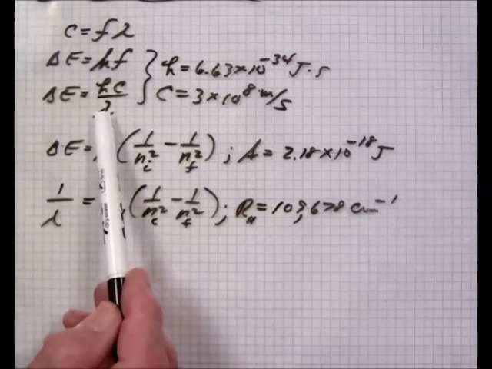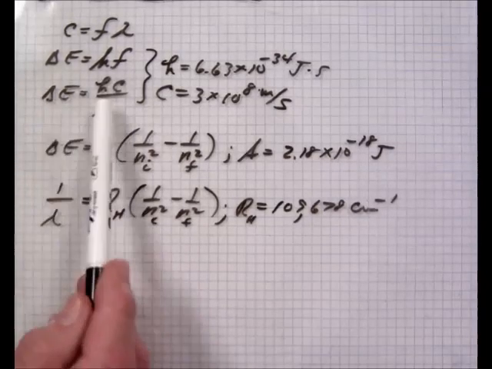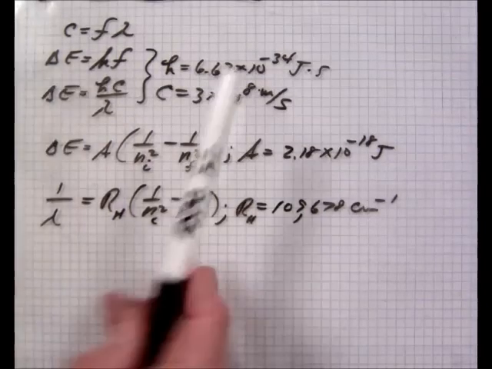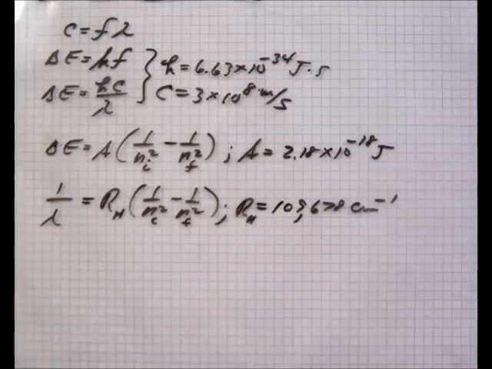Calculate energy given wavelength, or wavelength given energy. These are the EMR equations, and of course these will be published in the reference sheets. You don't have to memorize a bunch of constants.